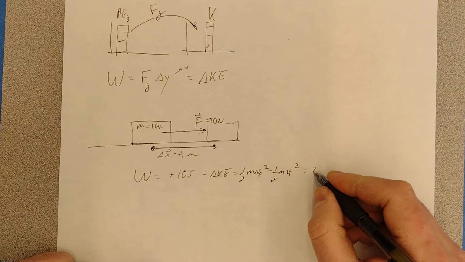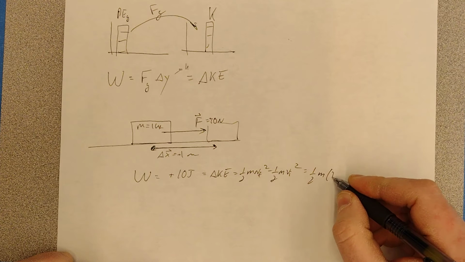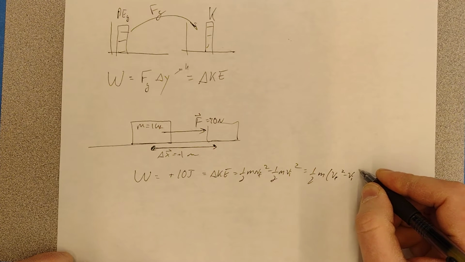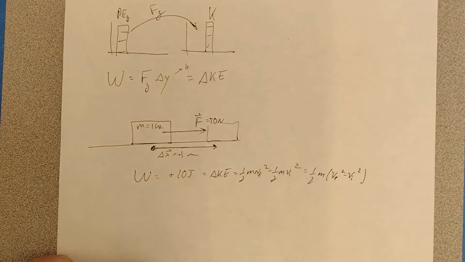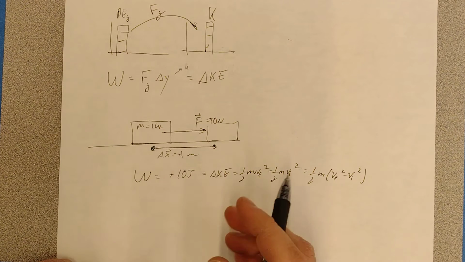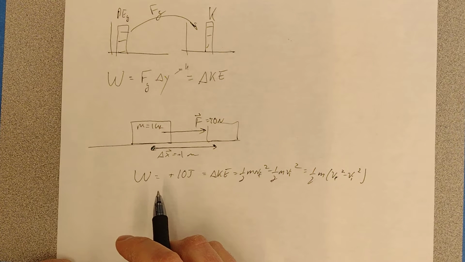It actually ends up being 1/2 of m times v final squared minus v initial squared. You can't put delta v squared in there. It's a totally different equation if you do. Now, that's cool. It displaced itself that way, accelerated, plus 10 joules. And it does come out positive.